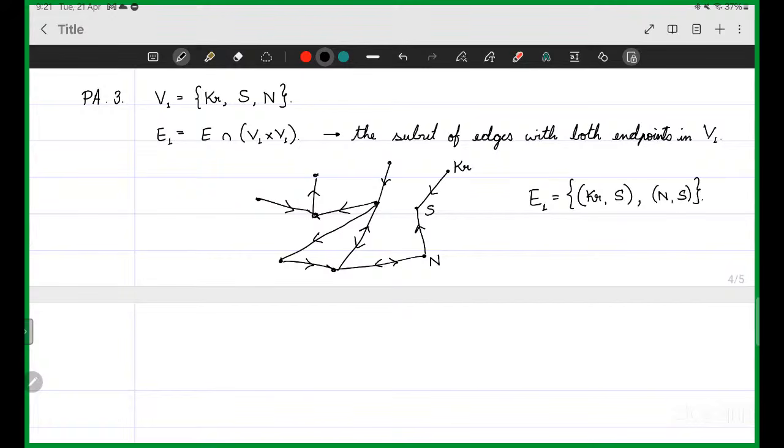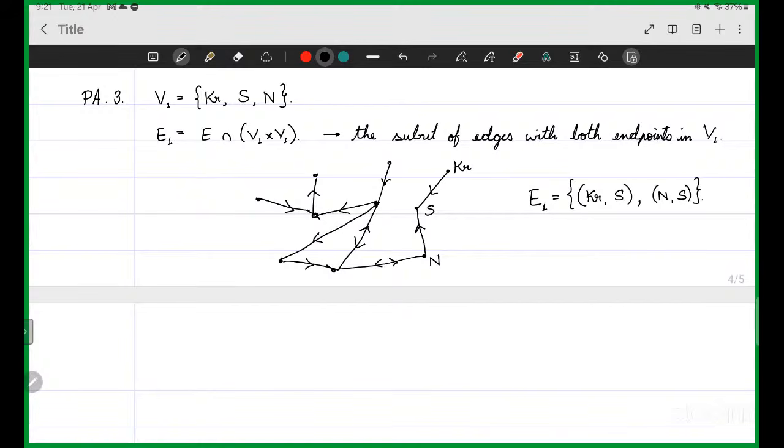Why do we repeat it? Because there are 3 elements, right? K, S, and N. No, we are not interested in this set itself. V1 cross V1 has all elements like KK, KS, SS, NN, KN, all these combinations. There are 9 elements in total. But we are taking the intersection with the given edge set also.